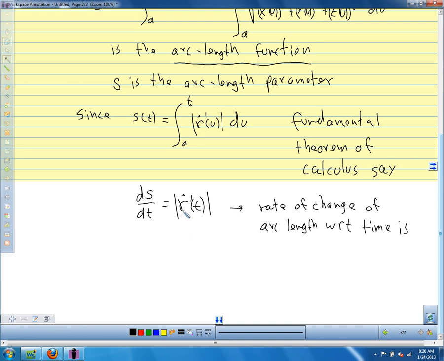What do we call that? What name do we give that? The speed. The rate of change of the arc length with respect to time is the speed of this moving point along our curve.